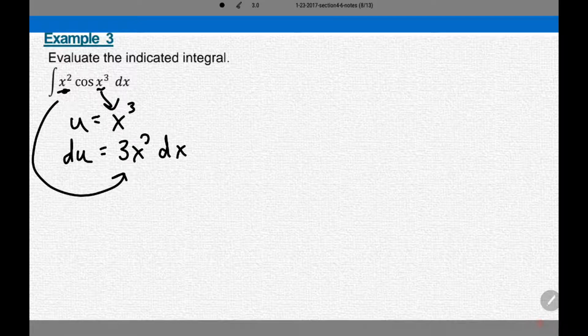Alright, so you got to keep in mind when you do these that you'll see a piece of your derivative out front, and that gives you an indication of where to go. So again, I've got a 3 here, so I've got to take care of that when I do a substitution. So I push a 1/3 out front of my original integral, and then I make that 3x squared cosine of x cubed dx.